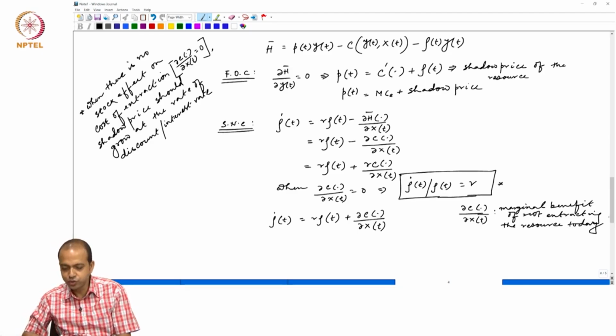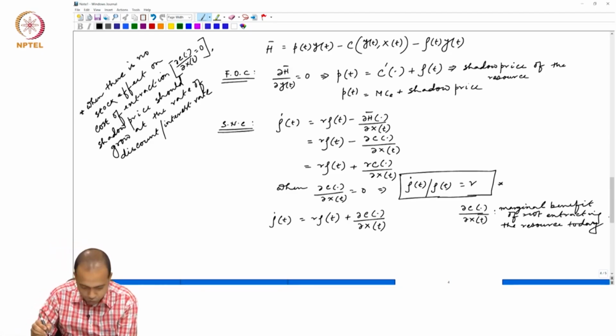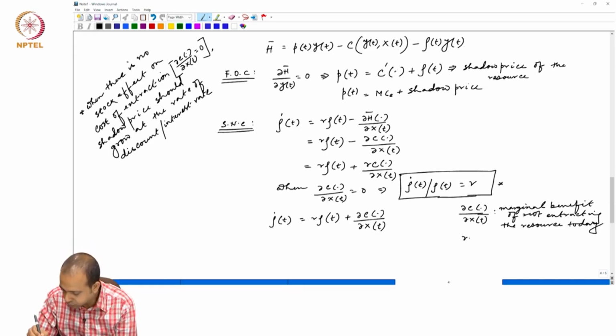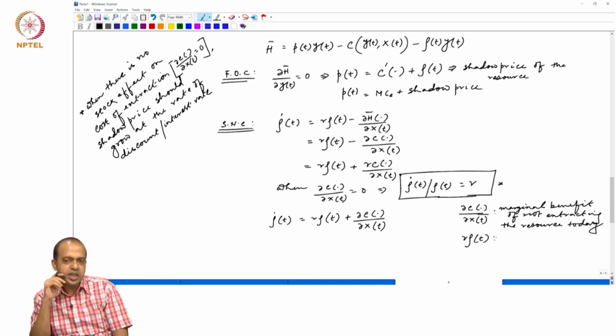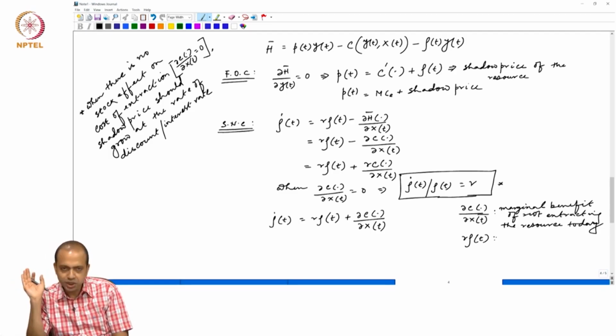Not extracting the resource today. And what is R into rho t? See, rho t, we said this is the shadow price. So, that means this is some kind of price of the resource we can think of. Since there is no direct price, we are thinking of the shadow price concept here for the resource.